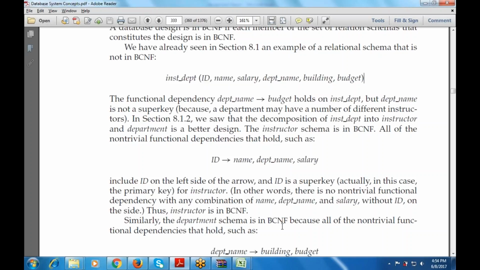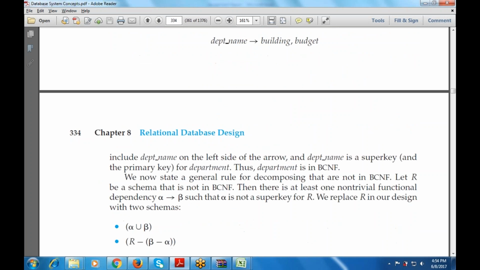And similarly, the department schema is in BCNF because all of its non-trivial functional dependencies that hold, such as department name → building, budget, include department name on the left side of the arrow. Department name is a super key for the department, and so department is also in BCNF.